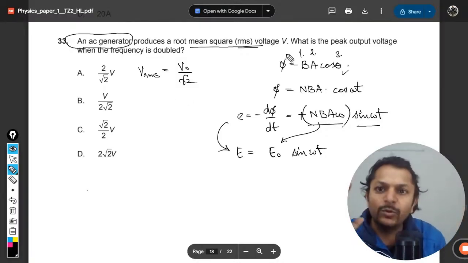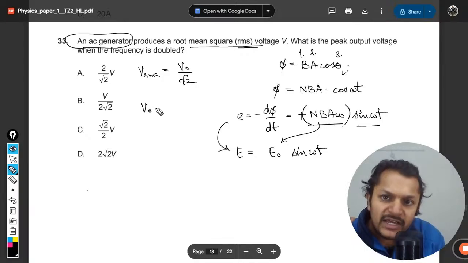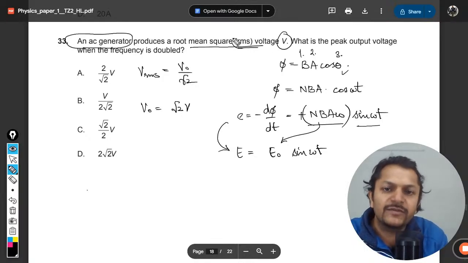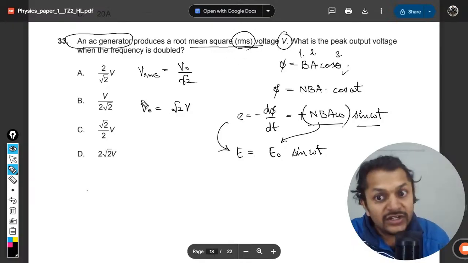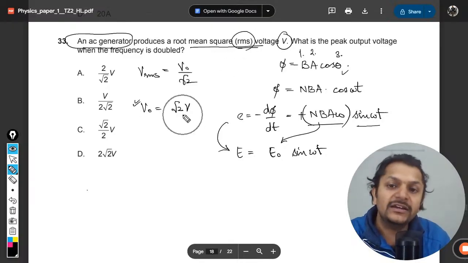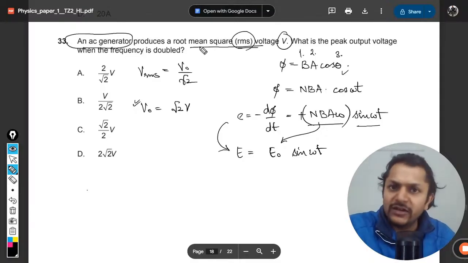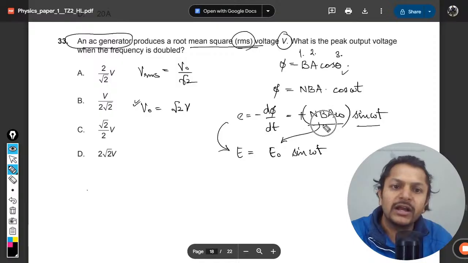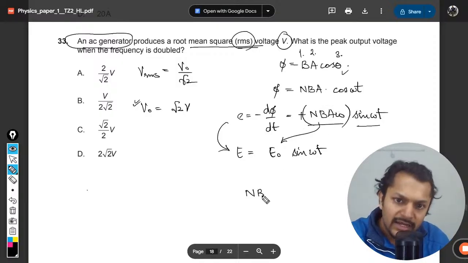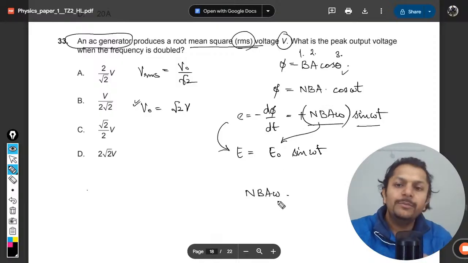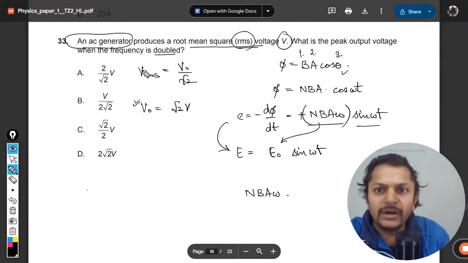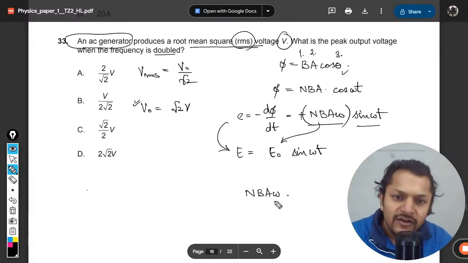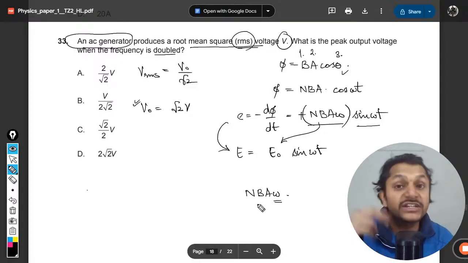So in case number 1, initially the peak value is equal to root 2 times V, because V is the RMS value that is given here. So initially this was the peak value, which we can find from the given data. Peak value refers to NBA omega. But now omega is doubled, the frequency is doubled, which means the peak voltage is doubled.